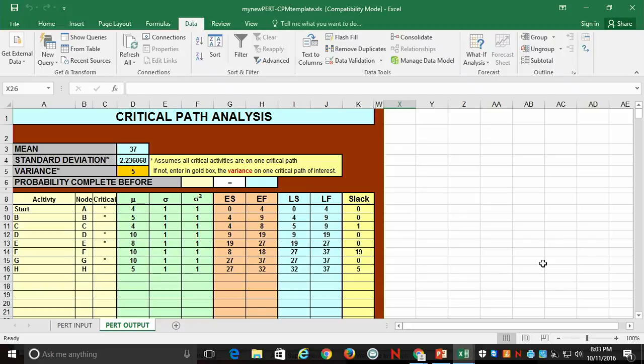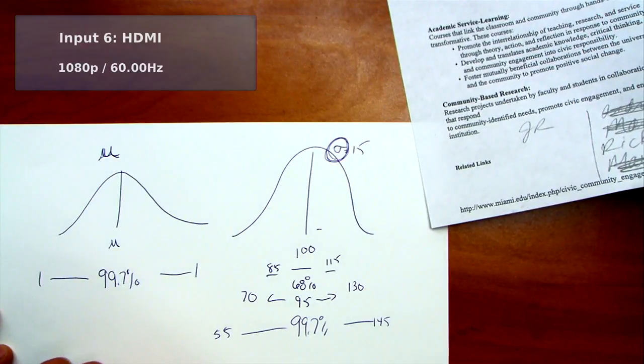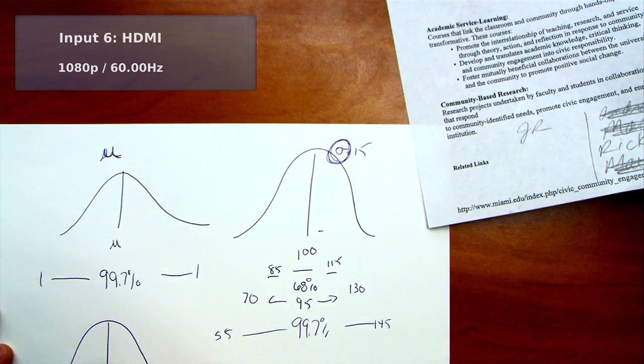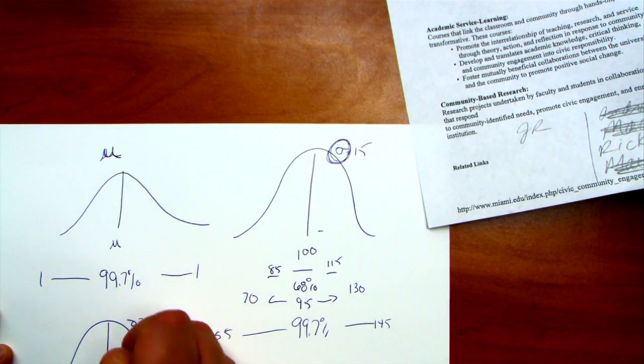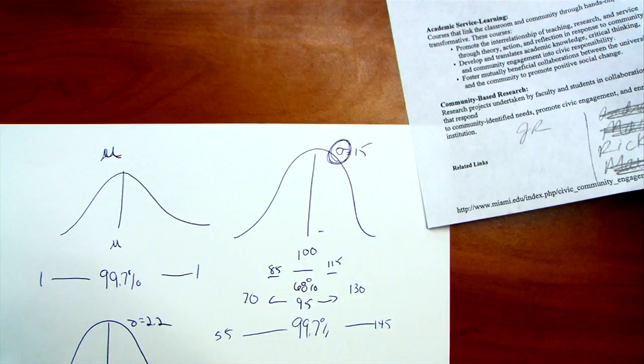But now our overall project, because of the volatility of all the tasks that make up the project, has a mean of 37 days, but it also has a standard deviation of, we'll call that 2.2. So 37 days with a standard deviation of 2.2 days.